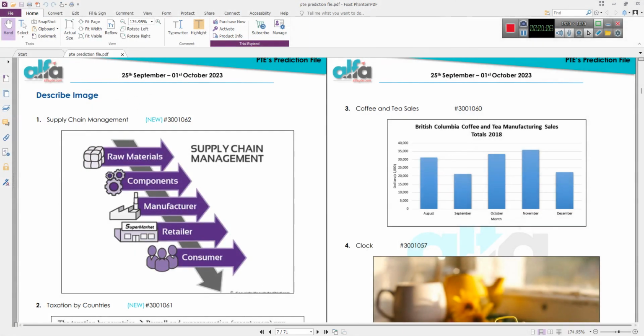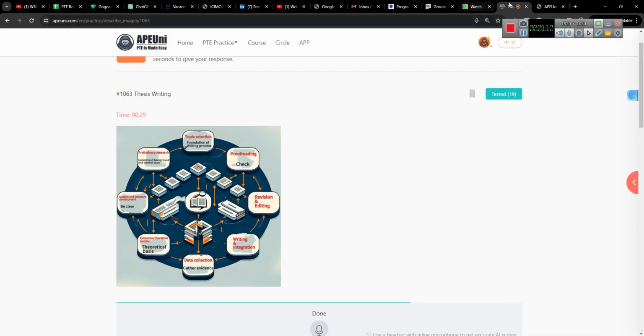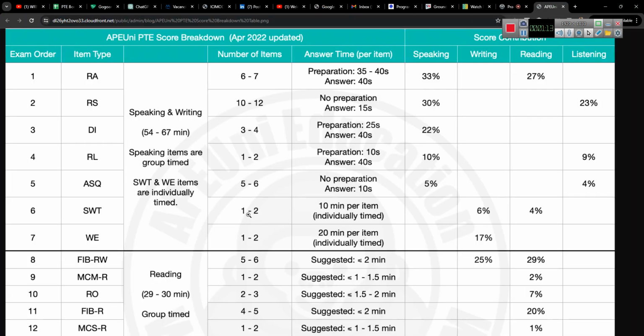Anyways, having a little look at the describe image type of question. So it is from the speaking and writing section, and it is around 3 to 4 questions in the PTE exam, and it is a solely speaking based question.